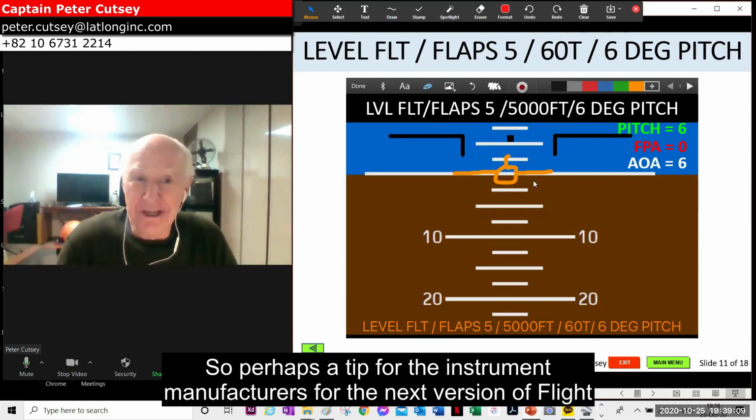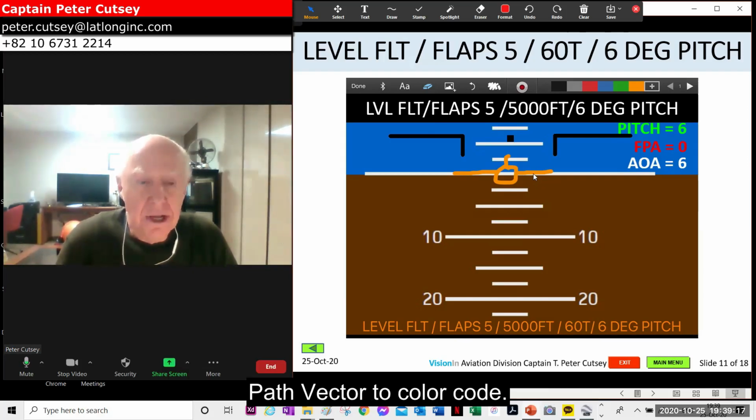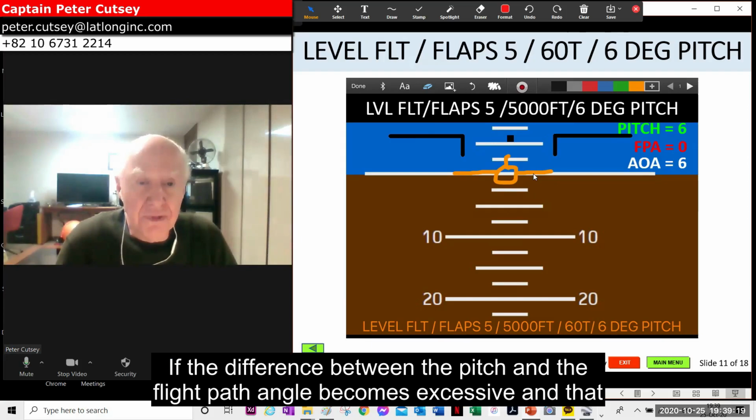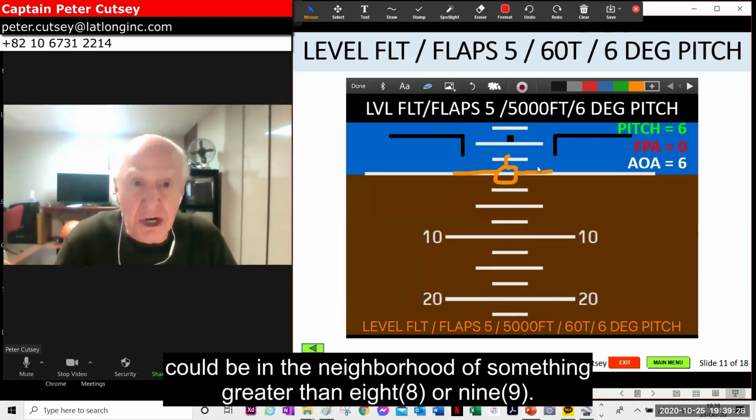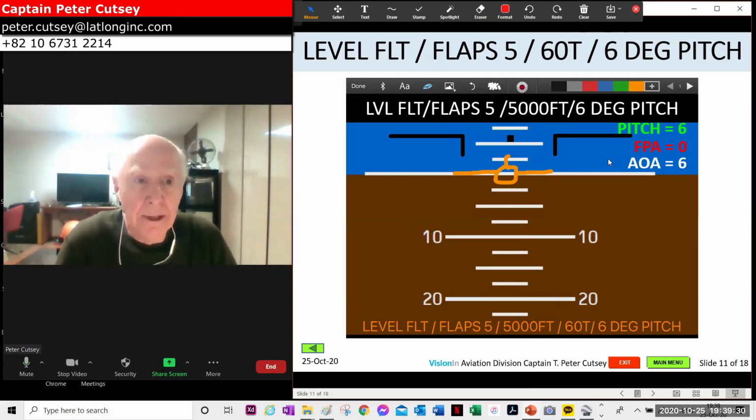So perhaps a tip for the instrument manufacturers for the next version of flight path vector: color code it if the difference between the pitch and the flight path angle becomes excessive, and that could be in the neighborhood of something greater than 8 or 9.